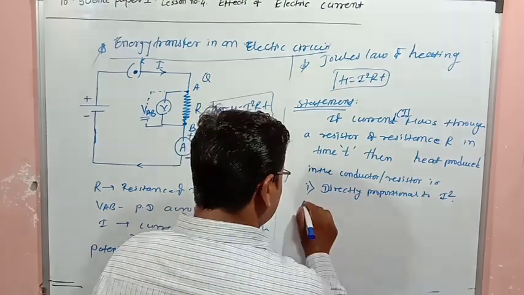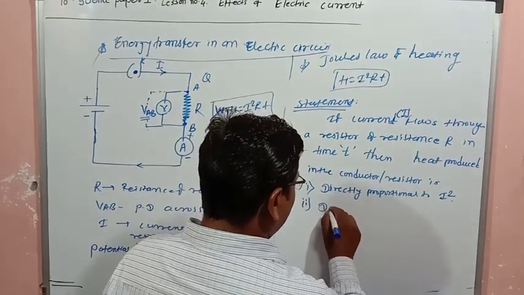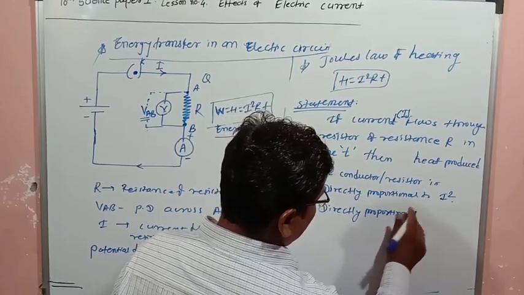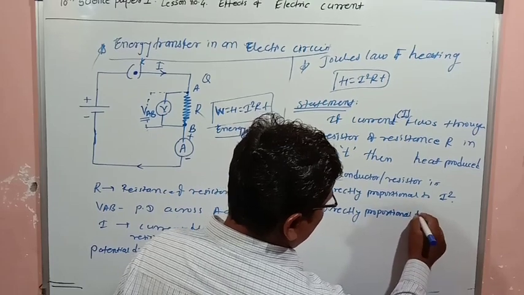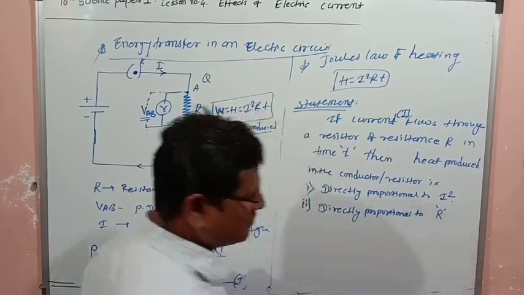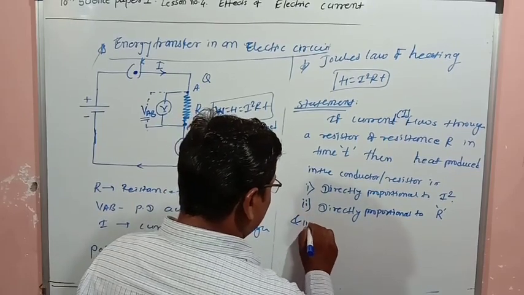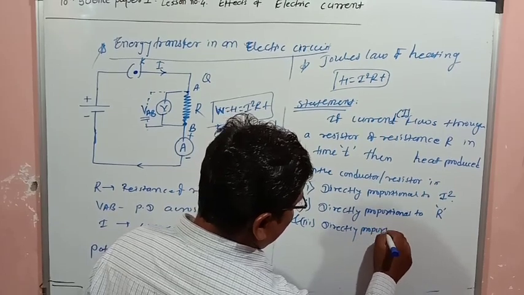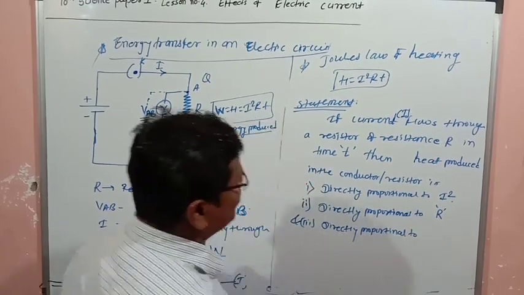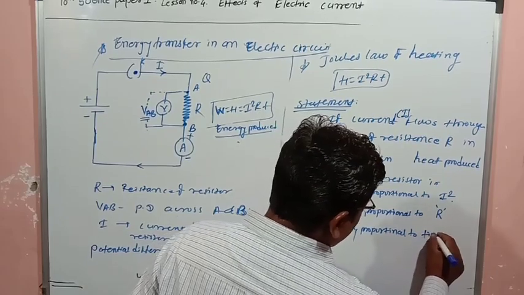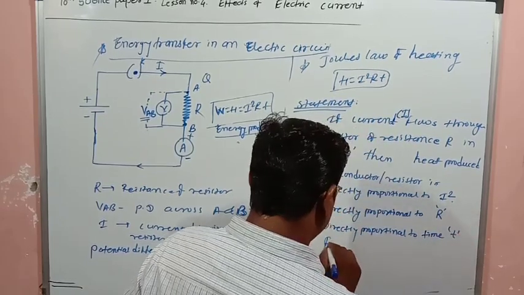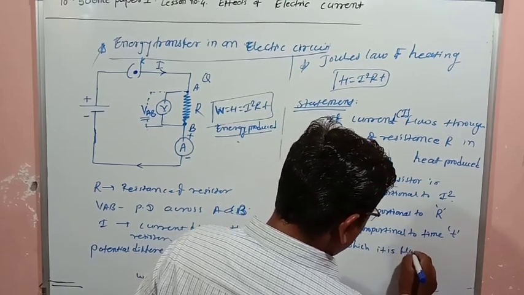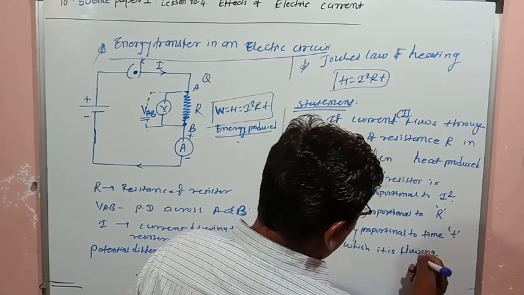Second, directly proportional to resistance R. And third, directly proportional to time t for which it is flowing, how much time it is flowing.